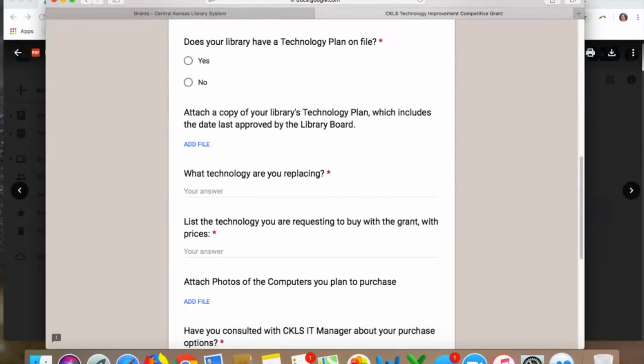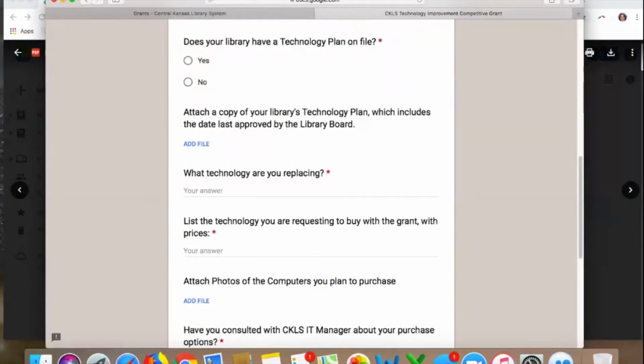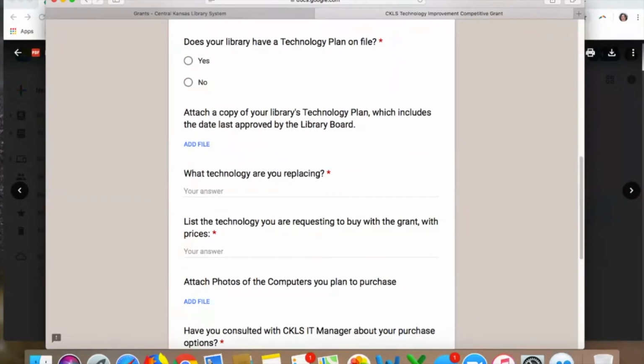We're also asking for a technology plan and attaching a file. So this is one where you might need to sign in with a Google account. It doesn't have to be a library Google account. It can be any Google account. The reason is because you have to attach a file.